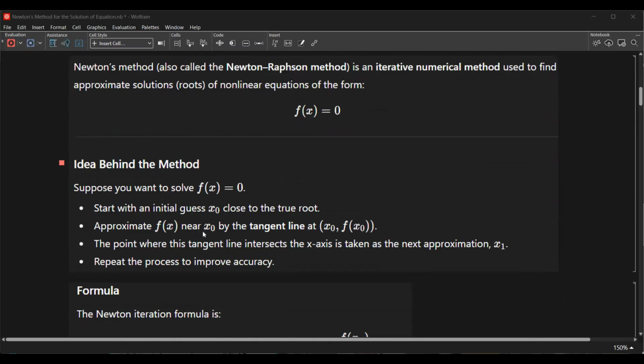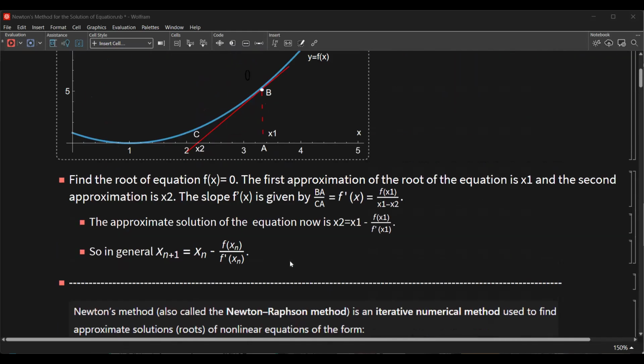Approximate f of x near x sub 0 by the tangent line at x sub 0, f of x sub 0. The point where this tangent line intersects the x-axis is taken as the next approximation, x sub 1. Then repeat the process to improve accuracy.